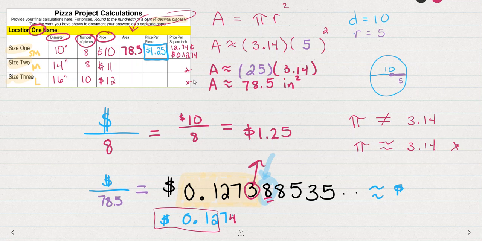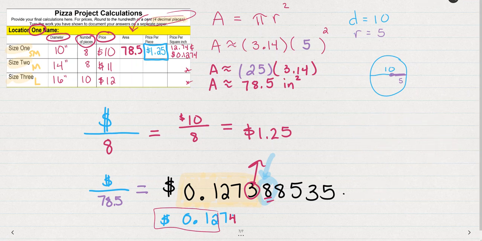So let me give you an example of what I mean by that. Let's say that when you do your calculations, you get these different prices per square inch. Let's say this one is 0.1274.